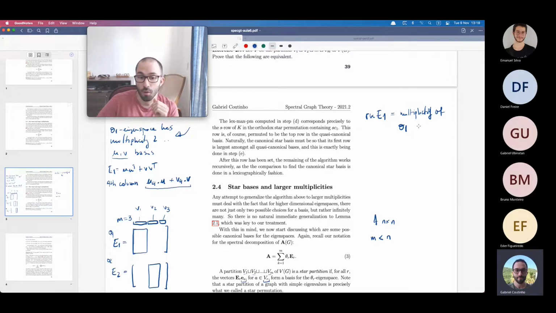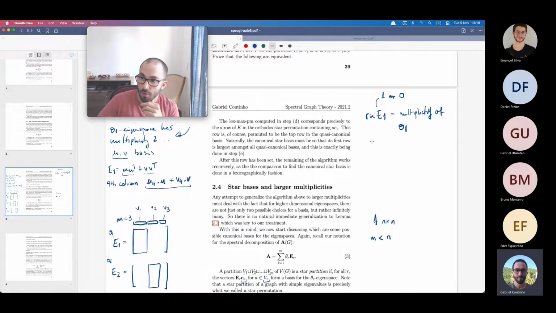Why? Well, because E sub 1 is a projection matrix. It has eigenvalues 1 or 0, and the number of eigenvalues 1 corresponds precisely to the number of orthogonal vectors here.